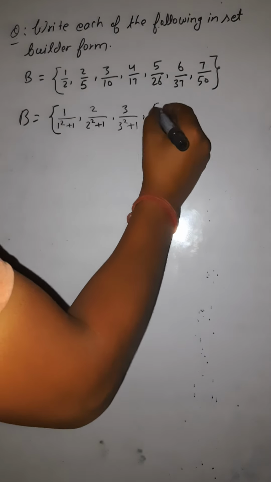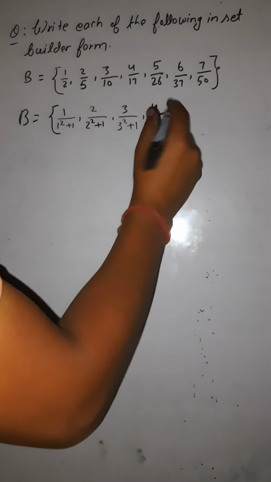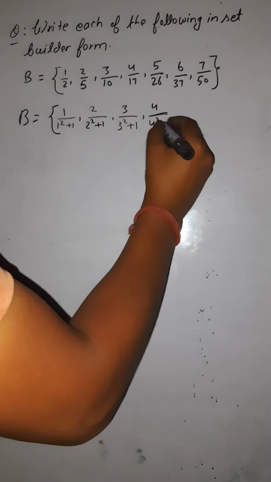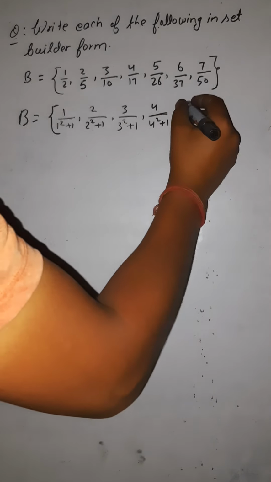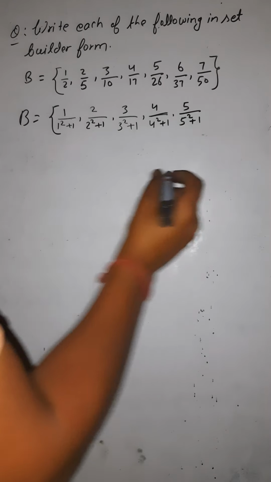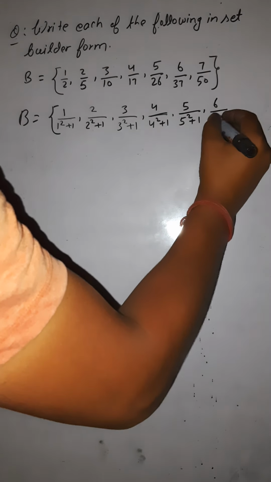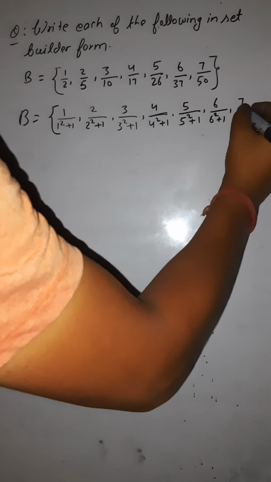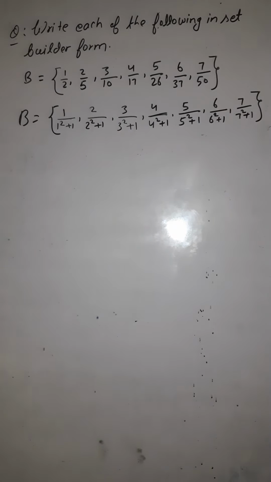Similarly, sorry, 4 is there, and square of 4 is 16 and 16 plus 1 is 17. Similarly, you have the next element, that is 5, and square of 5 is 25 and 25 plus 1 would be 26. And next one is square of 6 plus 1. Next would be square of 7 plus 1. This is how you can write the given elements.